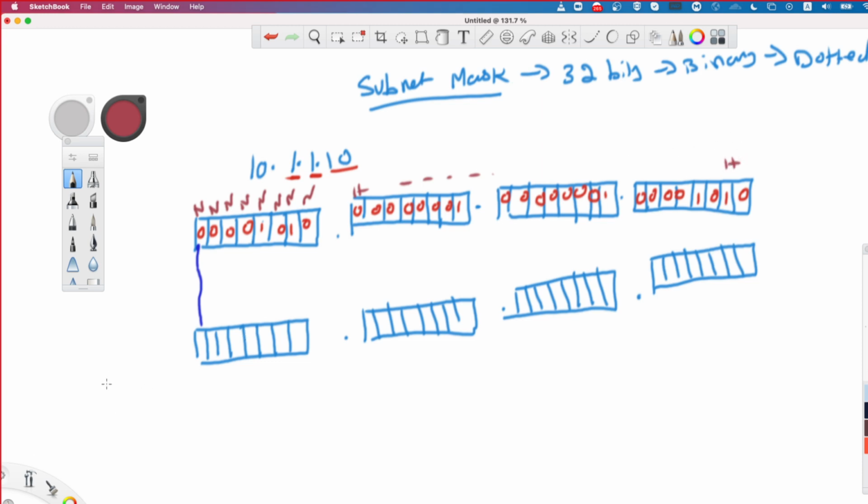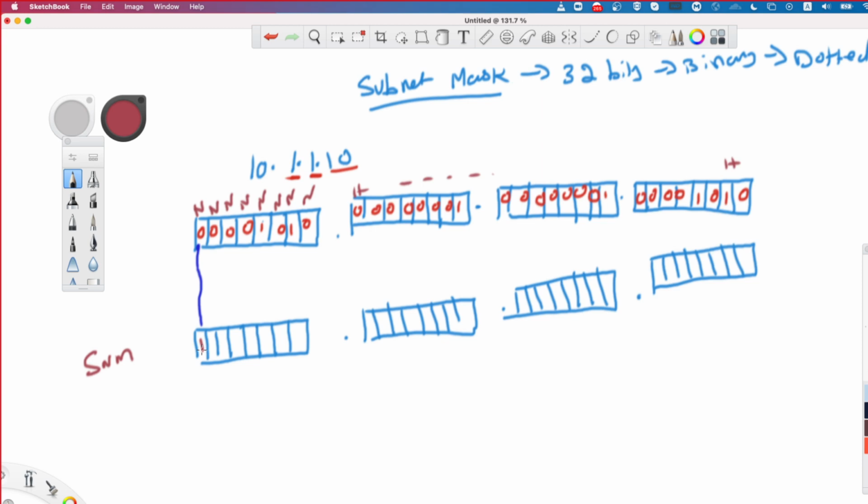Now I'm getting into the subnet mask portion. I'm trying to put 0 or 1 on the first bit. When I'm trying to put 0 or 1, I just need to check the corresponding bit of the IP address. If the corresponding bit of the IP address is network ID, then the value will be 1. If the corresponding bit does not belong to the network ID, then it will be 0. Right?